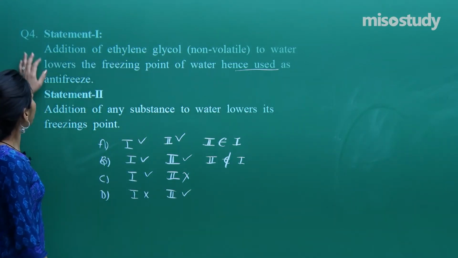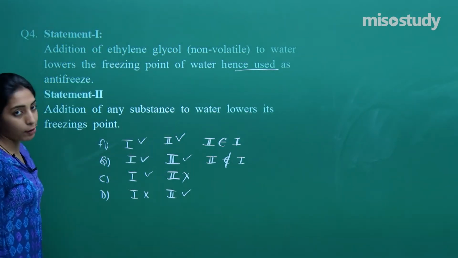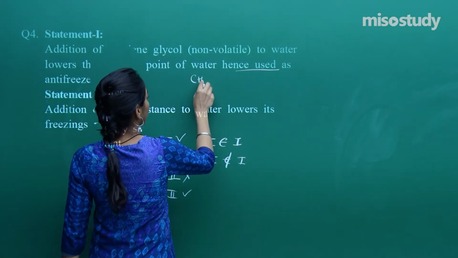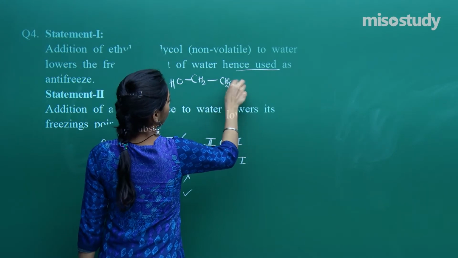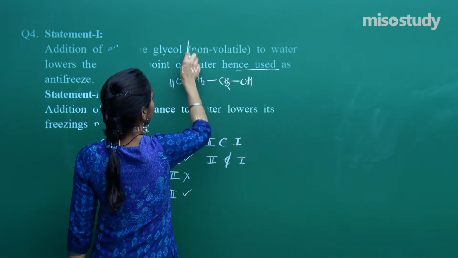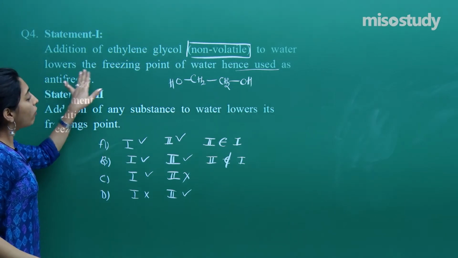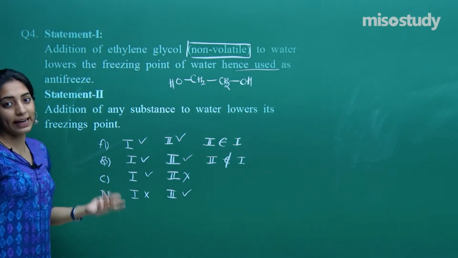Okay. So the first statement says that addition of ethylene glycol, by the way, the formula of ethylene glycol is CH2OH, CH2OH. Addition of ethylene glycol, which is a non-volatile substance, to water will lower the freezing point of water, hence it is used as an antifreeze.